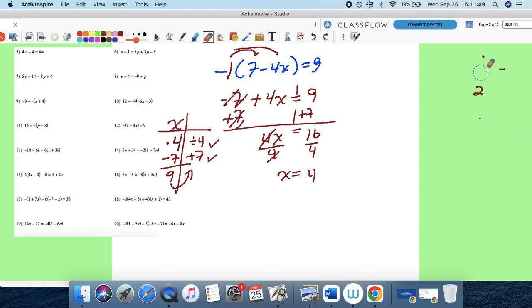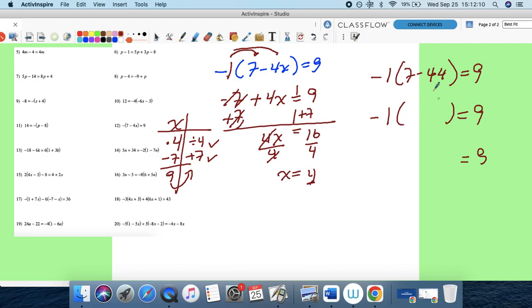But like I said, we have to check. So let's go back to our equation. So it's negative, I'll put the 1 over here, 7 minus 4. Instead of x, I'm going to put this number over here, 4. And that should equal 9. Let's see if that's true. On the right side, there's nothing to do, but on the left side, let's take care of inside the parentheses.